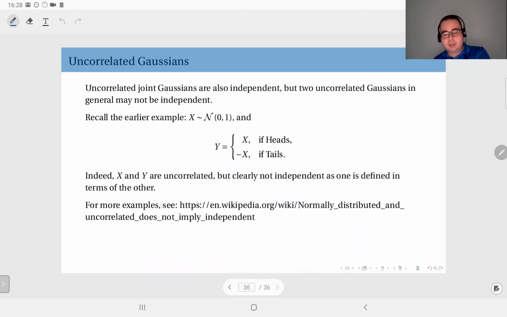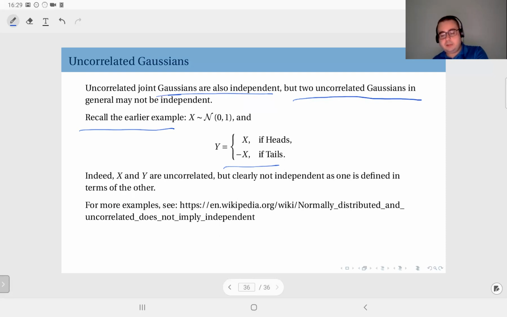In the case of general Gaussians that are not jointly Gaussian, two uncorrelated Gaussians may not be independent, because they may not be jointly Gaussian. If you remember the earlier example, X is standard Gaussian, Y turns out also to be standard Gaussian, but they are not independent and they are not jointly Gaussian.